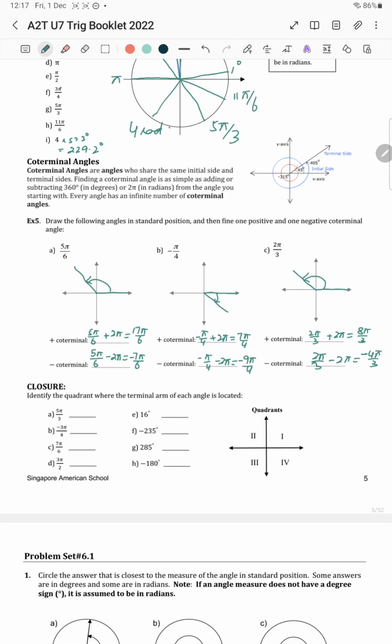Also, we need to draw the coterminal angles. 17 pi by 6 starting from the terminal line.